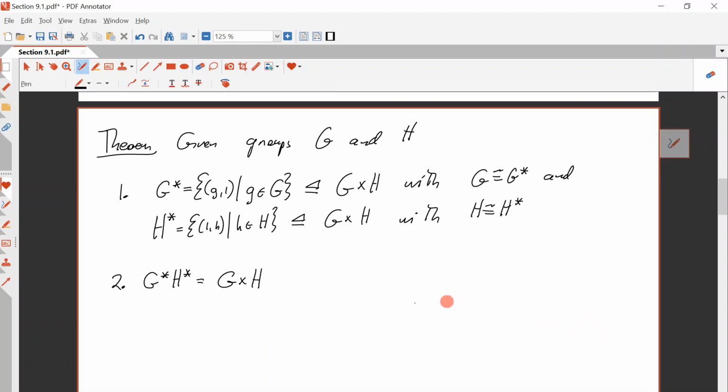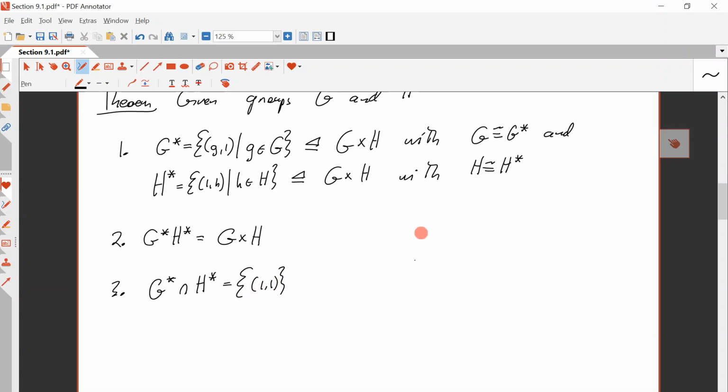Also, G star intersect H star is just equal to the identity element. The intersection of those two subgroups is the identity element. And G star cross H star is isomorphic to G cross H, obviously, because G is isomorphic to G star and H is isomorphic to H star.